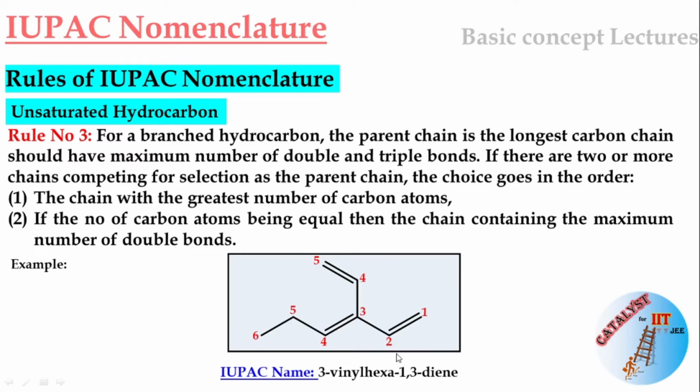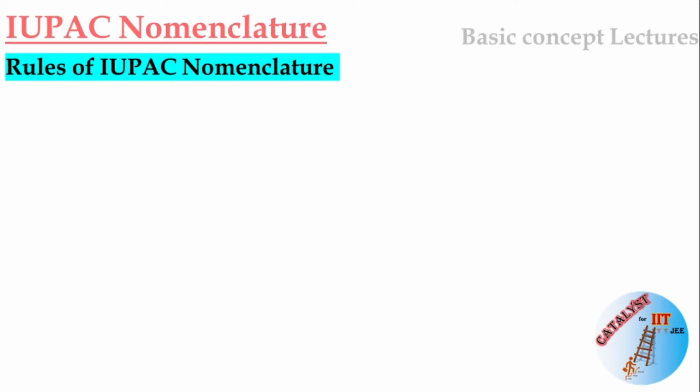So the whole IUPAC name is 3-vinylhex-1,3-diene. These are the rules for the nomenclature of unsaturated hydrocarbons. With all these 3 rules, you can name any unsaturated hydrocarbon which contains a double bond or triple bond, or more than one double bond or triple bond, and so on.